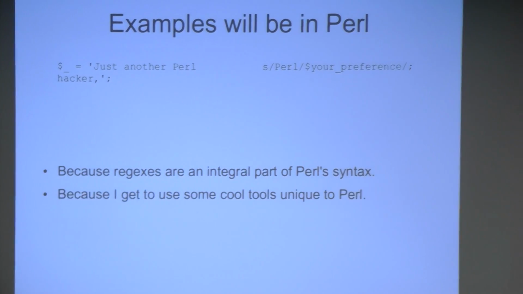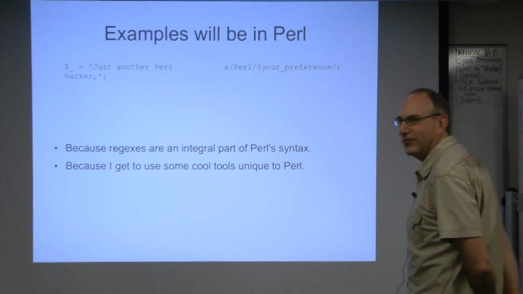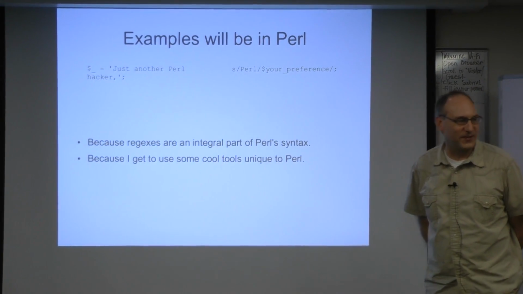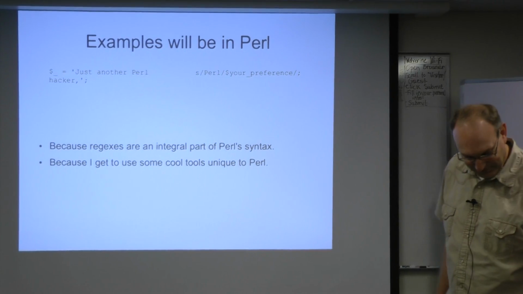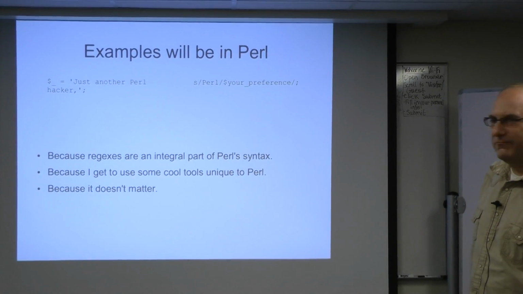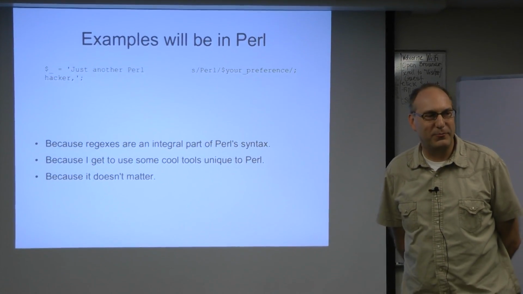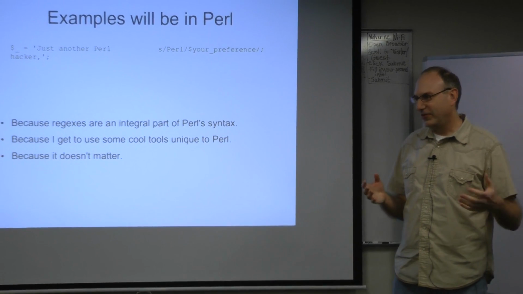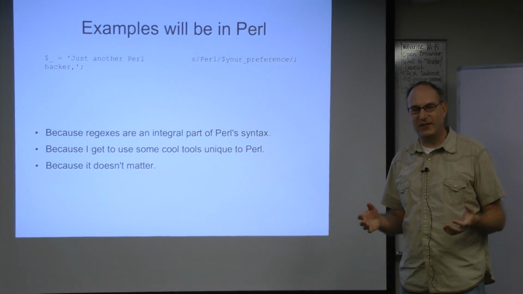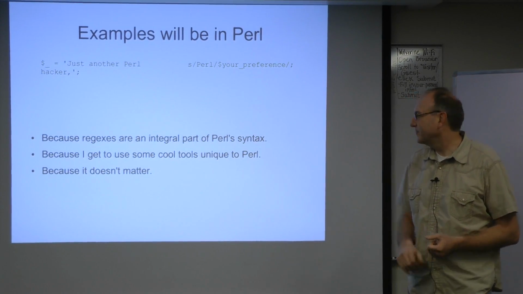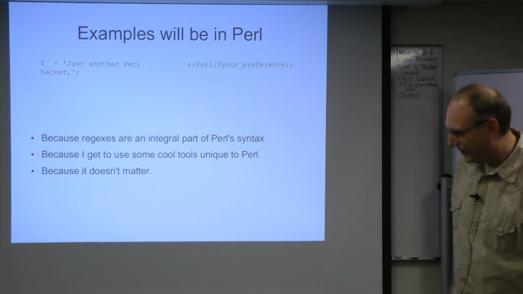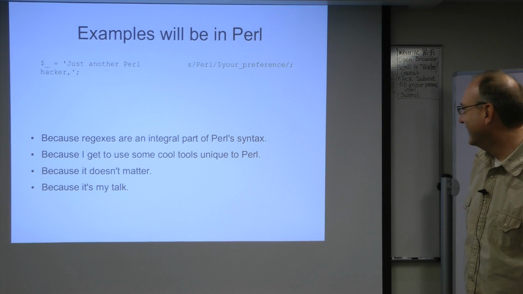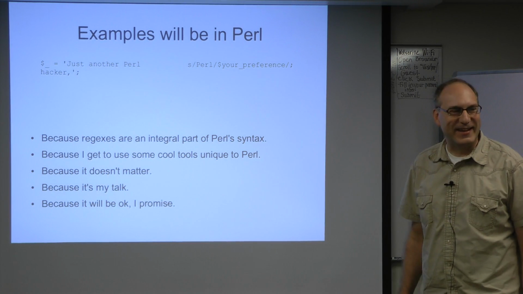And I get to use some cool tools, one of which you'll get to see this evening. It really doesn't matter what language we present regular expressions in, because although the syntaxes will differ, the concepts are going to be the same. It'll be okay.